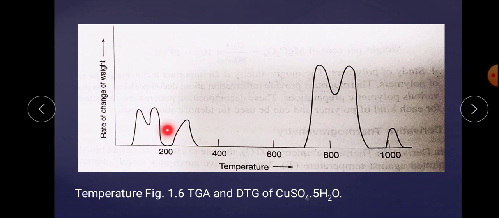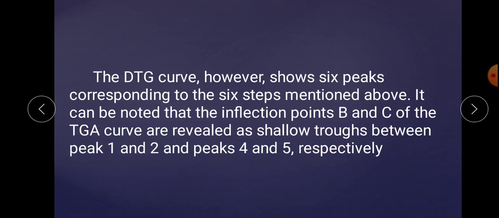The trough between the first and second peak is because of the formation of copper sulfate trihydrate, and the trough between the fourth and fifth is counted as C, which is equivalent to the TGA curve. The B and C points of the TGA curve are clearly observed in the DTG curve as trough points.